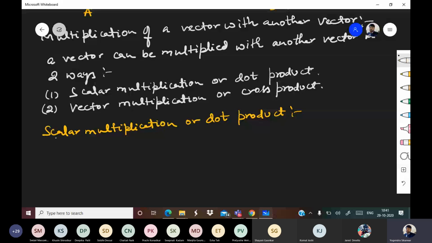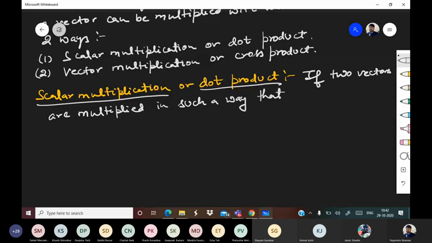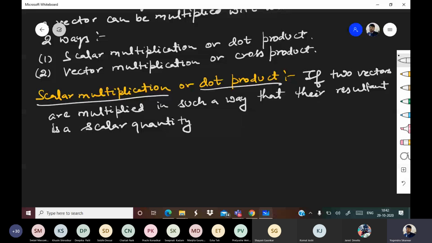If two vectors are multiplied in such a way that their resultant is a scalar quantity, then this is called scalar multiplication or dot product.